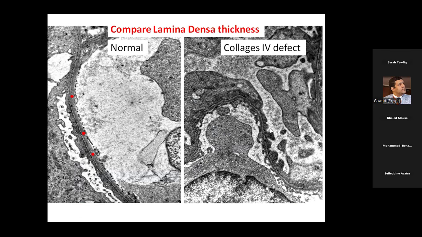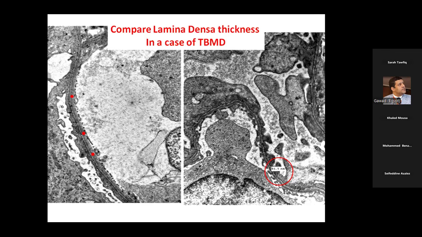You can appreciate that the lamina densa is markedly thinned. Here it measures only 86.9 nanometers, which is far less than the normal thickness of an adult, which should be around 300 nanometers. So that's the collagen 4 alpha chain defect of thin basement membrane disease.